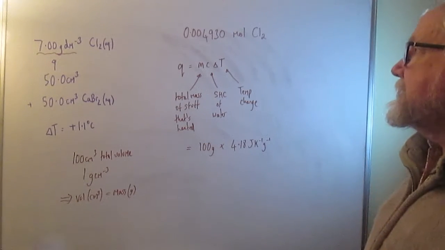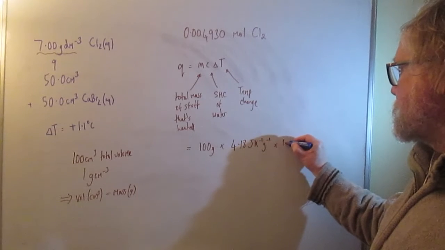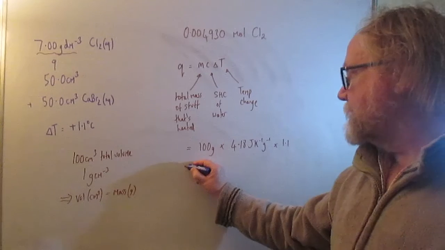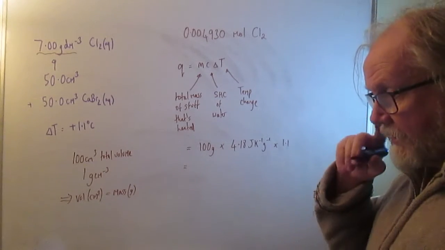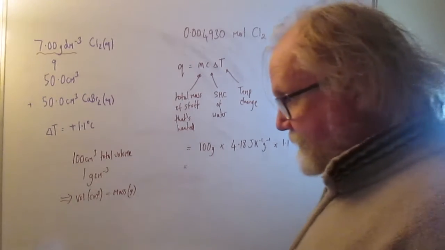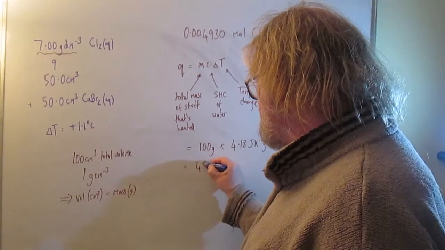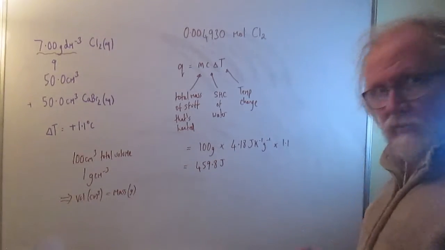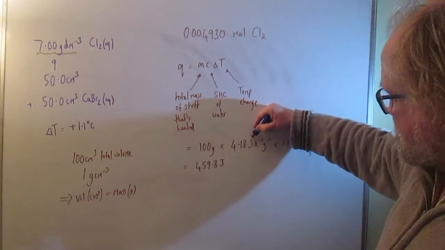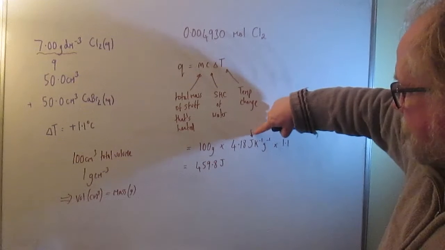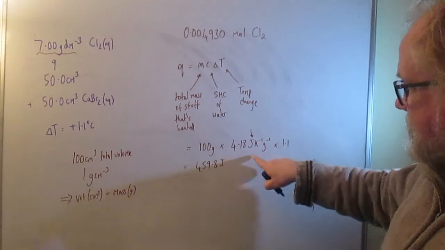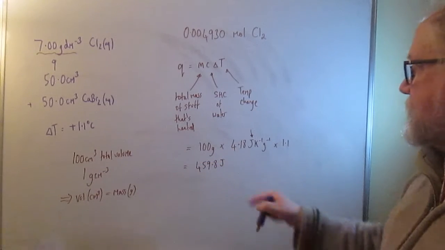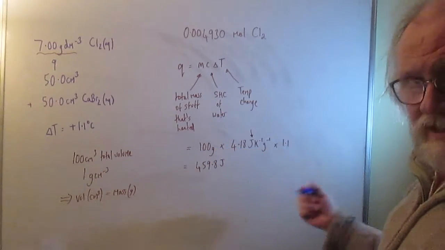And delta T is the temperature rise, which we're told is 1.1 degrees C. So we multiply those numbers together and we get 459.8 joules. You know it's going to be joules rather than kilojoules at this point because the specific heat capacity is where the joules come in. So if you can't quite remember, the units tell you a lot.